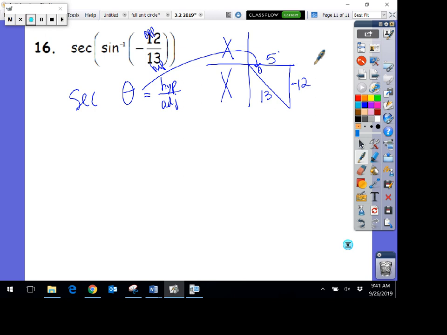Nope. Secant is the reciprocal of cosine. Cosine is adjacent over hypotenuse, so the secant is hypotenuse over adjacent. All right, so now we have all of our sides. So the secant of that angle is the hypotenuse over adjacent.